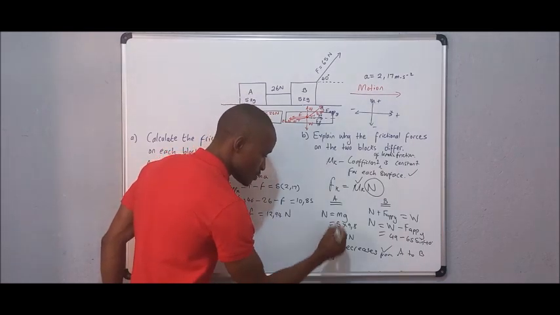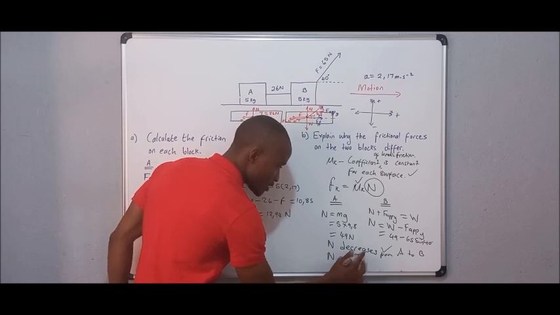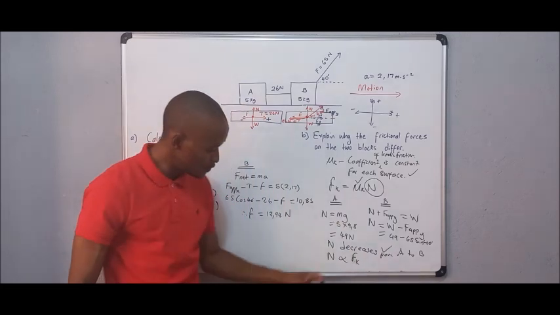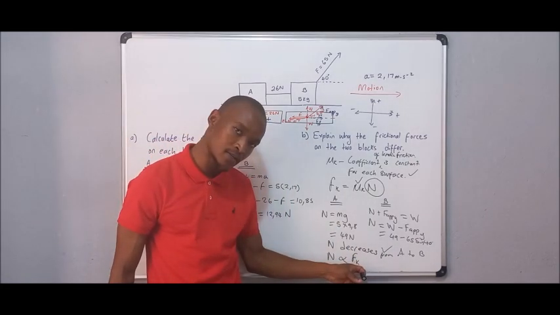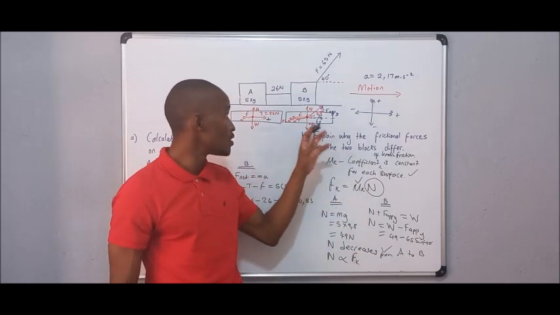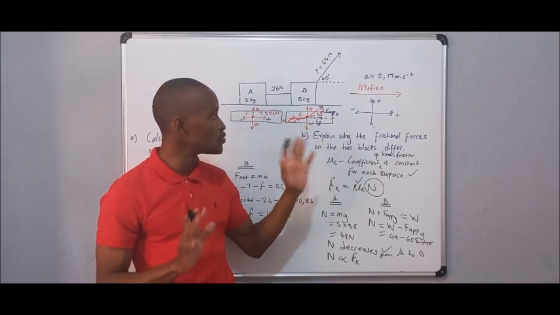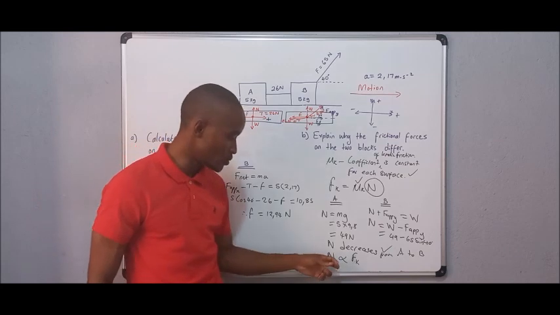And the third reason will be because normal force is directly proportional to the kinetic friction. If you decrease the normal force, you decrease the kinetic friction acting on that body. It has nothing to do with the coefficient of kinetic friction unless it was different surfaces altogether for the different blocks.